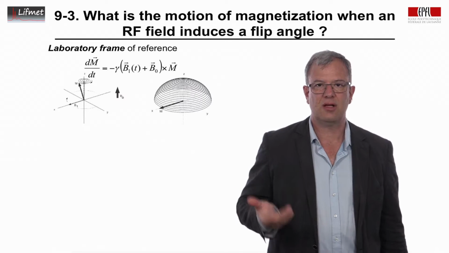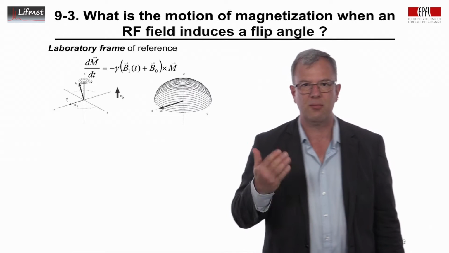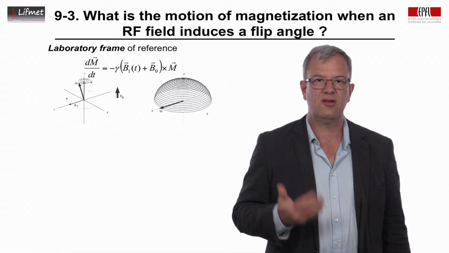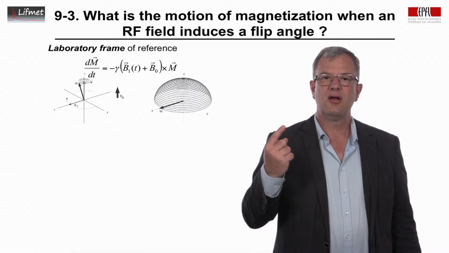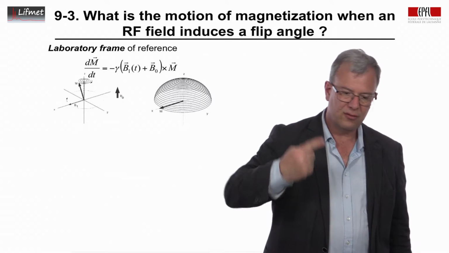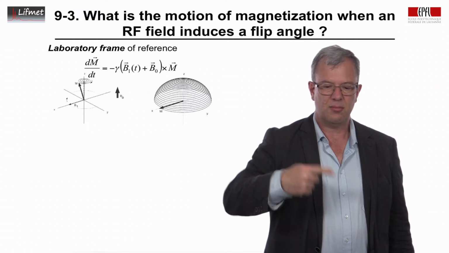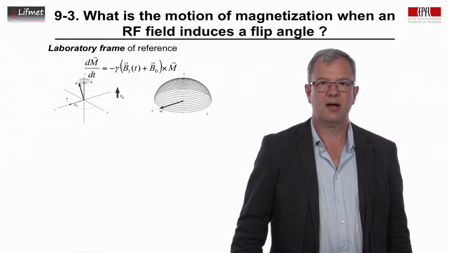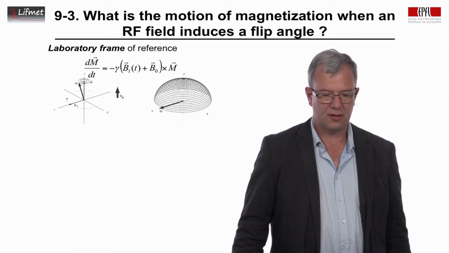It will precess with a Larmor frequency, which is on the order of 100 megahertz. We have seen with the examples for the B1, this is on the order of kilohertz. So this will go 100,000 times around in circles for every rotation that it makes around the field B1.